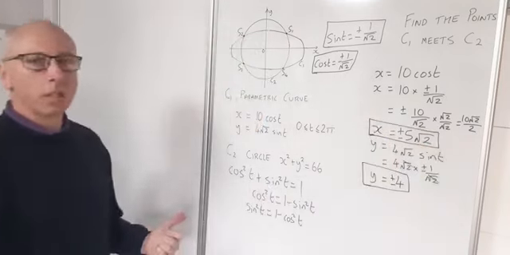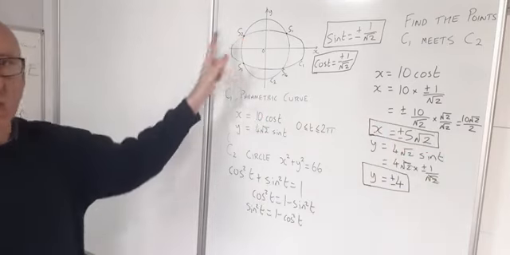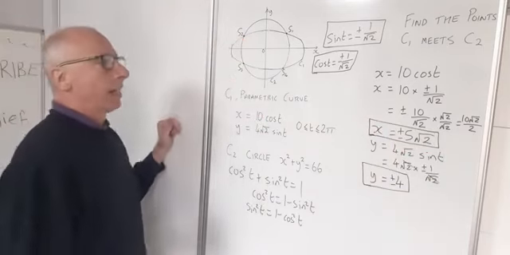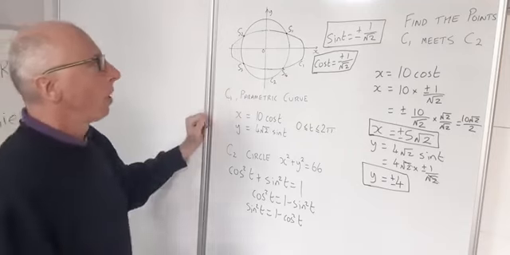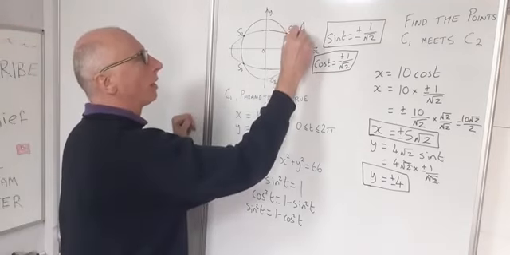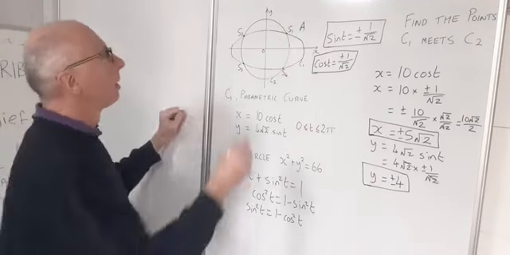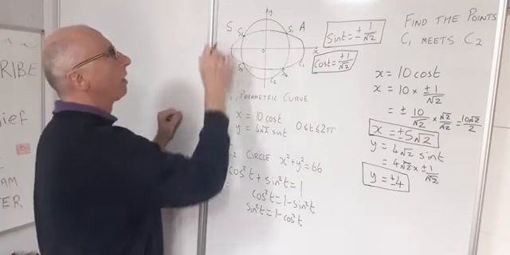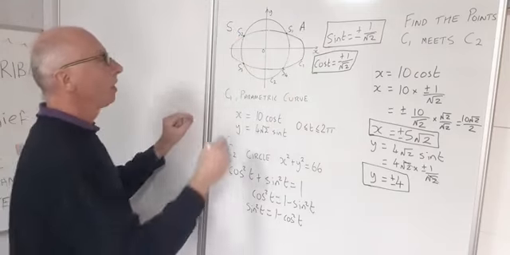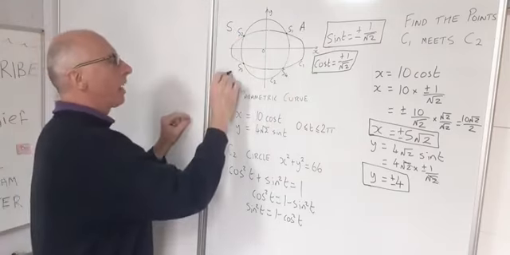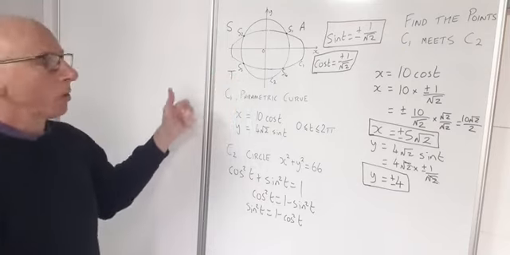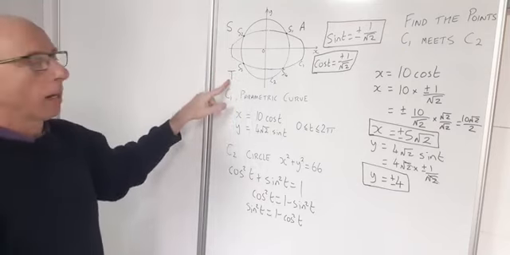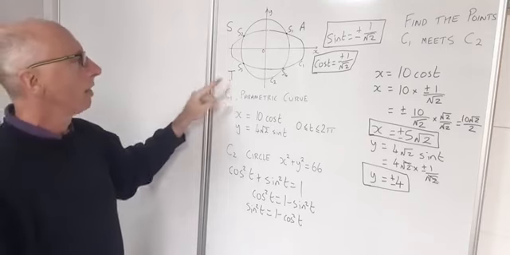Okay, so now we need to work out which corresponds to which on this diagram. Now sine and cosine are positive, all are positive, here. Only the sine is positive here. Here is the tangent, that's positive, but sine and cosine here are both negative.